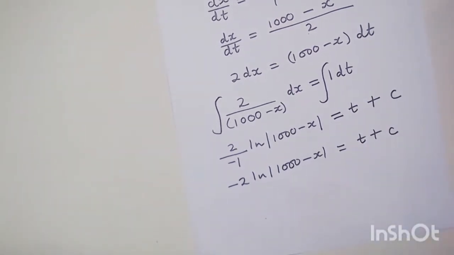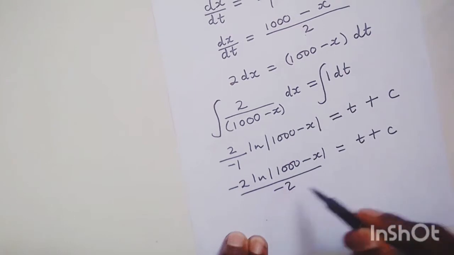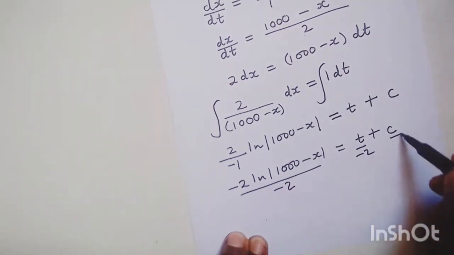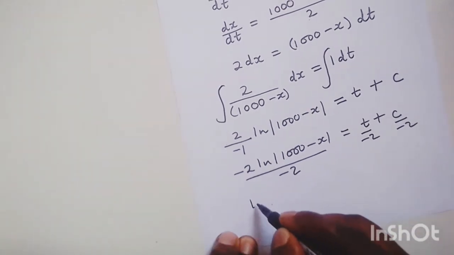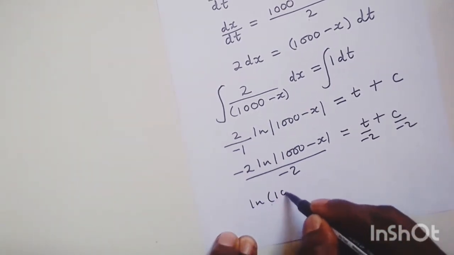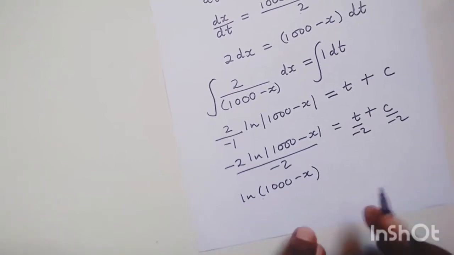So remember, the question is requiring you to make x the subject of the formula, right? So to make x the subject of the formula, let me remove the negative 2. Let me divide each and every term on both sides by minus 2. So I'm going to divide this by minus 2, this by minus 2, and this by minus 2. I hope you are listening, class. So you'll be left with the ln of 1000 minus x on the left side.